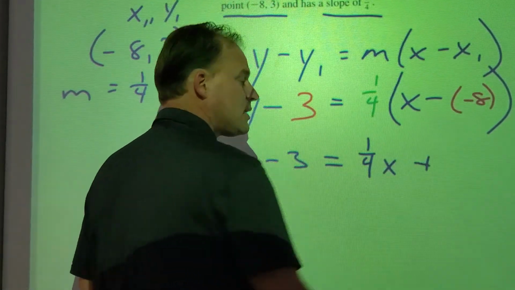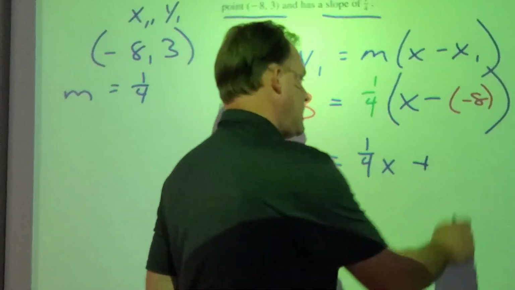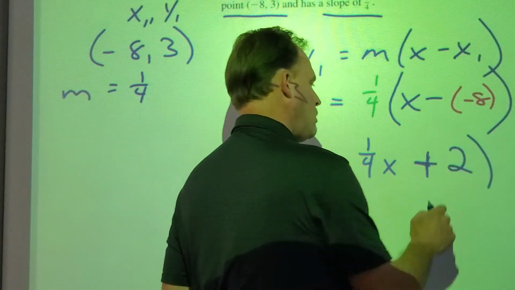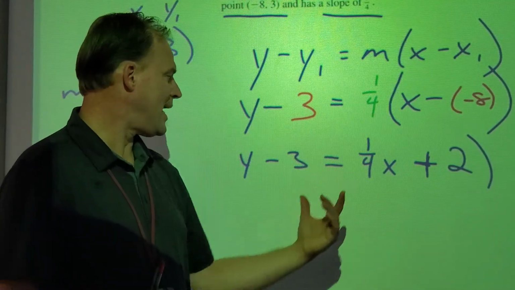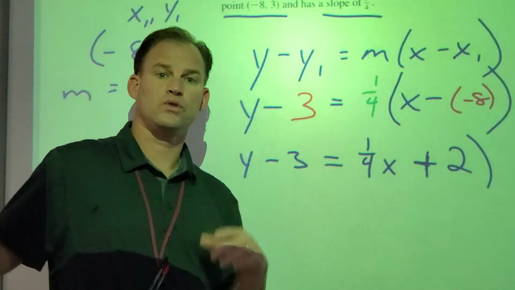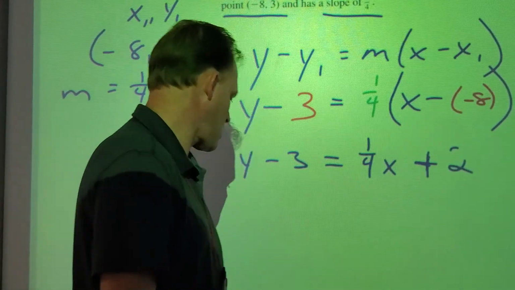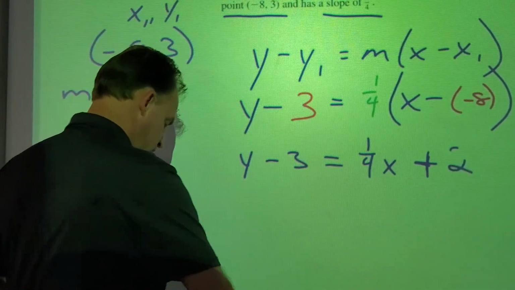Minus minus is plus. Get out a calculator if you don't know. 1/4 times 8 is 2. So, now I'm still trying to write it in y equals form. All right? I got to get the y by itself.